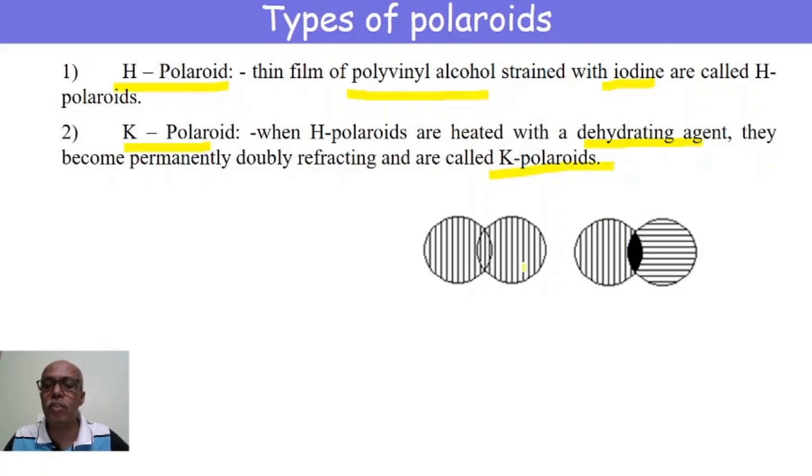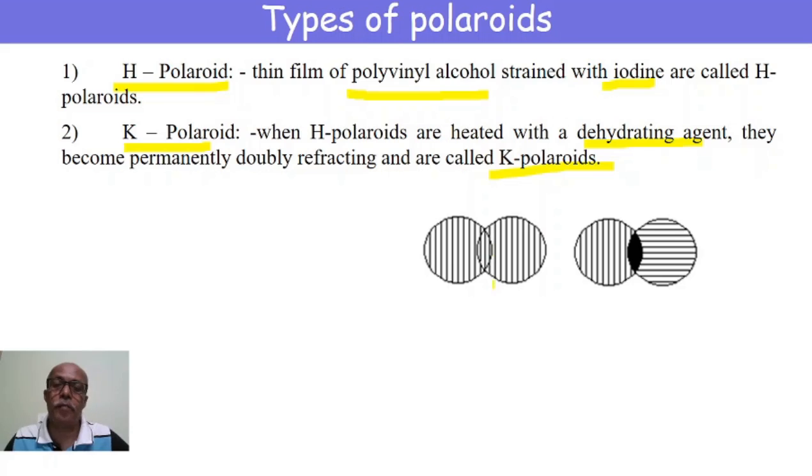These two diagrams represent the Polaroids, thin sheets of nitrocellulose packed with iodosulfate of quinine. You can see the lines parallel to one another, and these lines are called the transmission lines or the transmission plane.